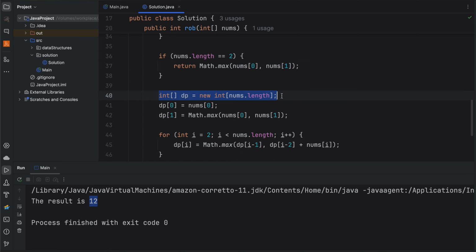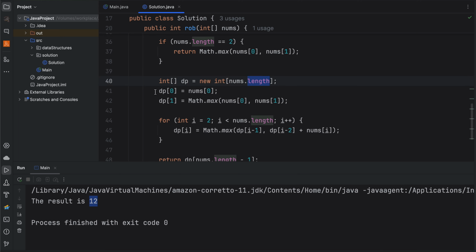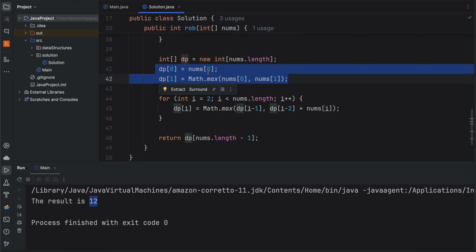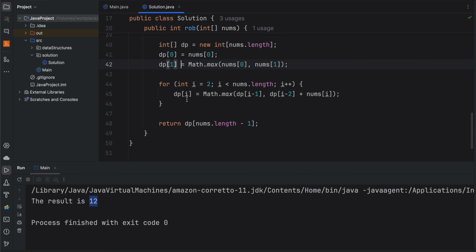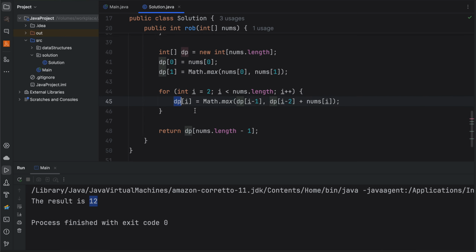Here we are initiating an array with a length of n, and this also takes a constant amount of time, and here we are iterating through the whole array to calculate the values of this array dp.